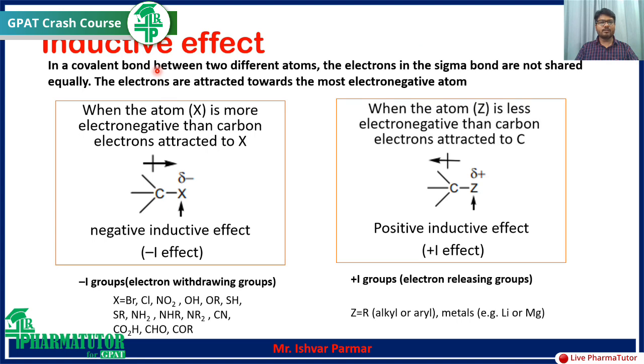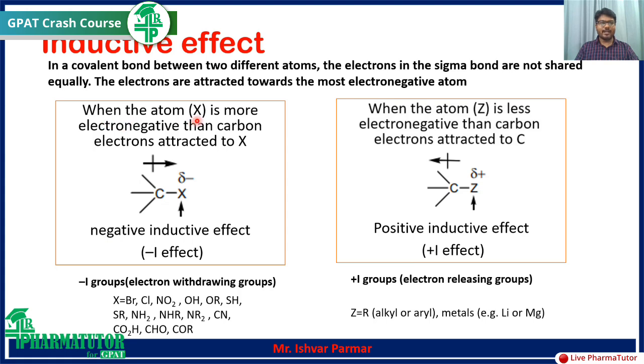In a covalent bond between two different atoms, the electrons in the sigma bonds are not shared equally. The electrons are attracted towards the more electronegative atom, which is divided into the negative inductive effect and the positive inductive effect.